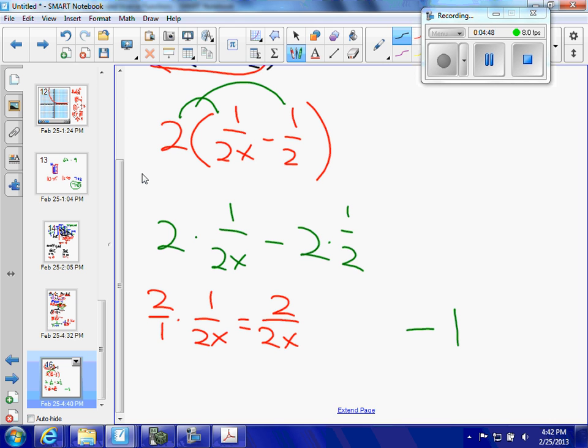And now my 2's cancel out, and it becomes 1 over x, and then the minus 1. So a lot of people were multiplying, well, they thought that this was 1x, but see, the thing here is that this x piece right there is in the denominator of that fraction. It is not in the numerator. It is not 1/2 x. It is 1 over 2x. So that makes a difference in how you solve that piece of that problem.